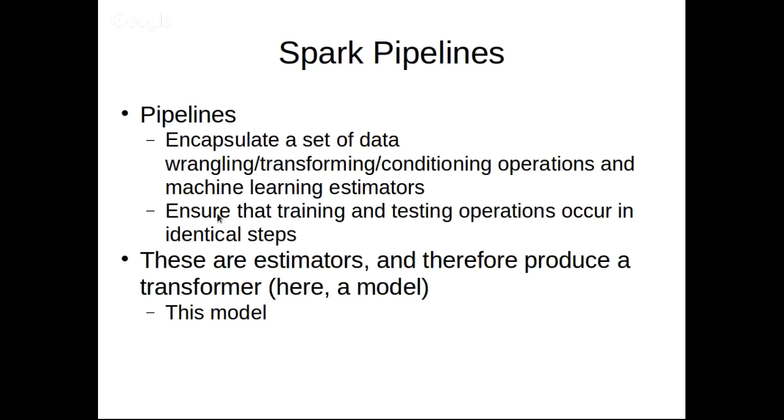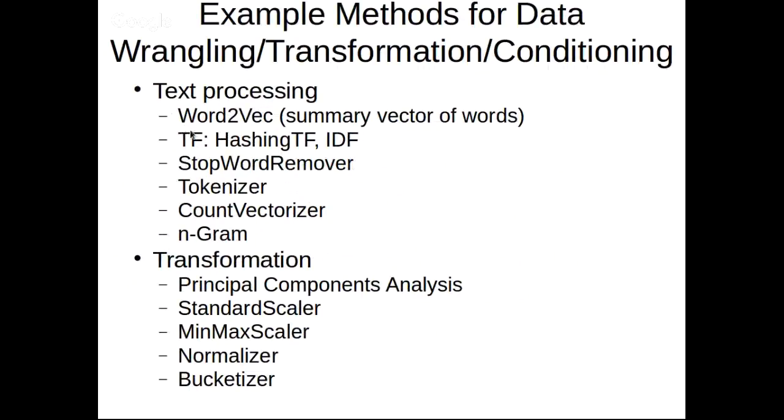These fit into this framework here. For the most part, most of them are transformers. We put a data frame into a tokenizer that consists of a set of strings, and it will put out a set of strings, each of which is a certain word. Put a data frame into a count vectorizer, and it will count the number of times certain words occur, etc. Similarly with these scalers.